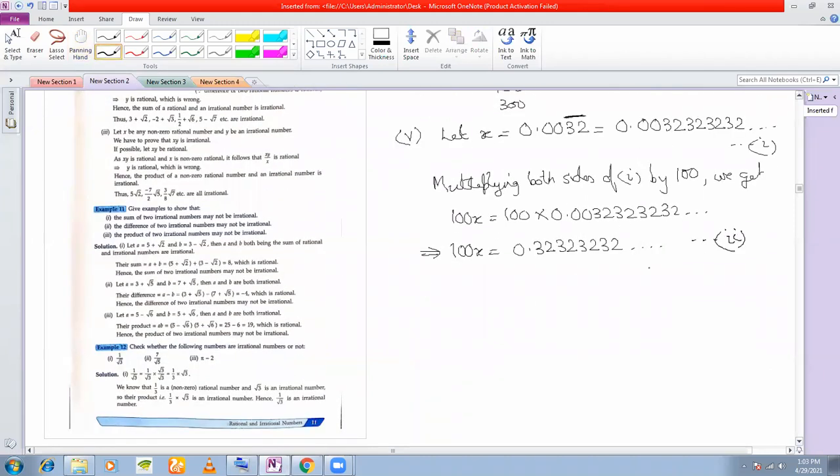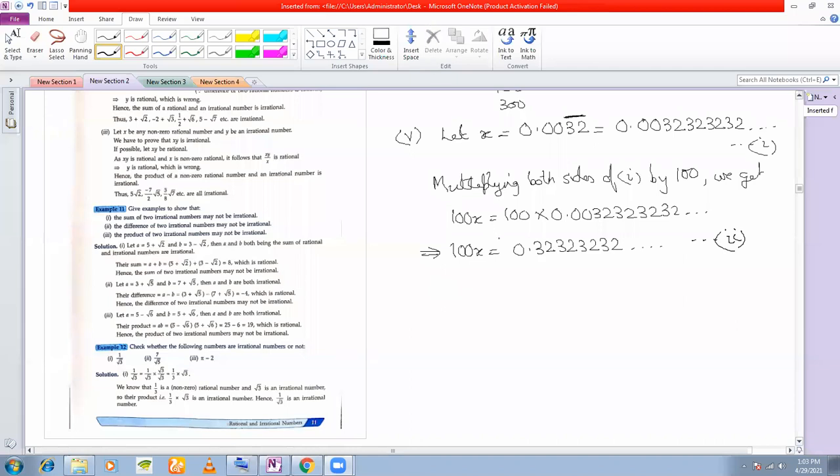Now tell me what should be the next step. Kripa, tell me what should be the next step. Sir, we have to take 100x and 0.32, and then multiply it by 100.